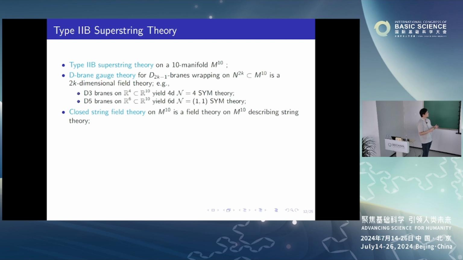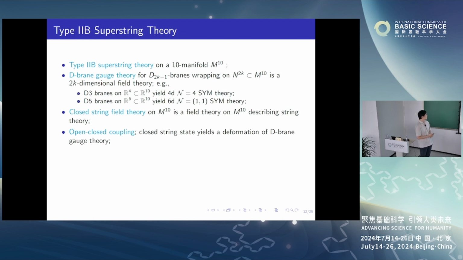You're thinking of some sort of 2-dimensional theory with a 10-dimensional target manifold, but you're doing a lot of different things. On the other hand, when I say closed string field theory, the idea is that you think of a field theory in the usual sense, to a large extent living on the 10-manifold, and it must have the same amount of information as the usual string theory on this 10-manifold. That's the idea of string field theory. It's string theory, but in terms of field theory, so that's why it's called string field theory.